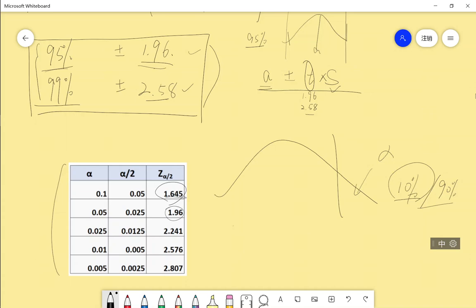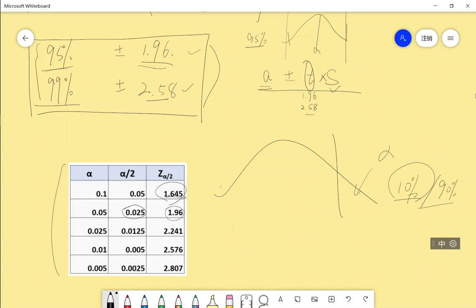Most of the time, if you are dealing with a confidence interval, you are dealing with a two tail test. So every tail gets 0.025, but the critical point is still the plus and minus of 1.96 here.